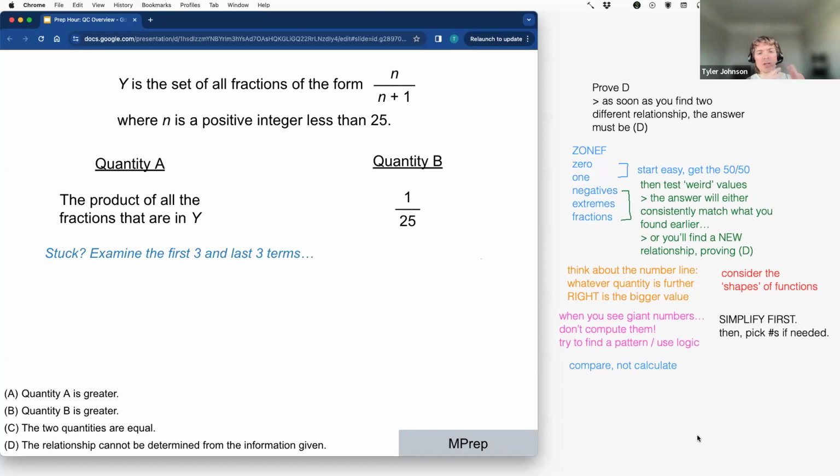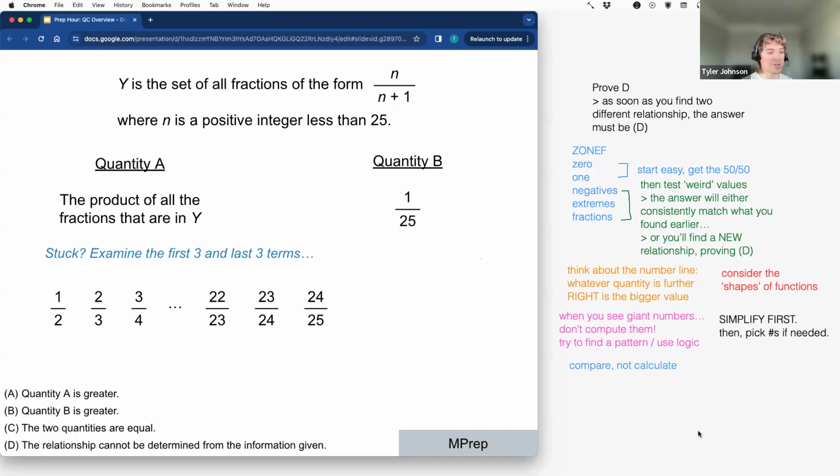And anytime there's a huge sequence or a long set of consecutive values, I think what's helpful is to just think about the first 3 and the last 3. So for this set Y with all these fractions of the form n over n plus 1, it looks something like this. And just having written it out, some of you might start to see what the pattern is.